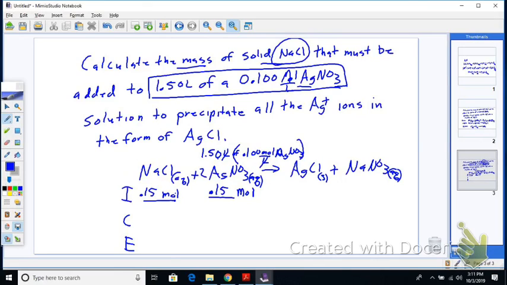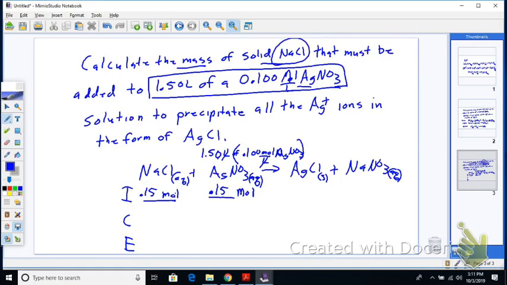How much NaCl would I need? 0.075, right? Because you would take the 0.15 divided by 2, multiply by 1, and that'd give you 0.075. But that's not the case. I just wanted to share that with you to realize how that works.